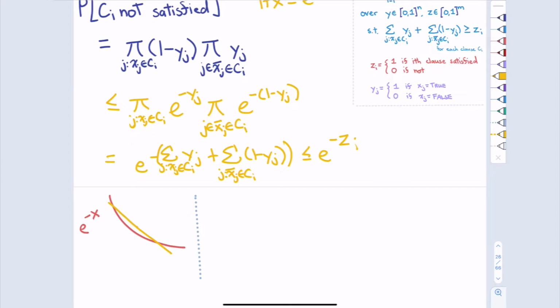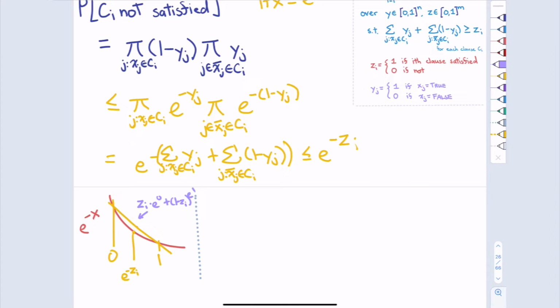Okay. All right, so at some level we have 0, we have 1. Here I have e to the negative zi along the red line. And up here, we have zi times e to the 0 plus 1 minus zi e to the 1.